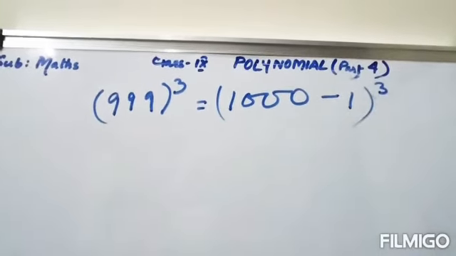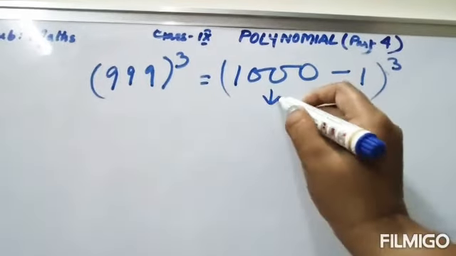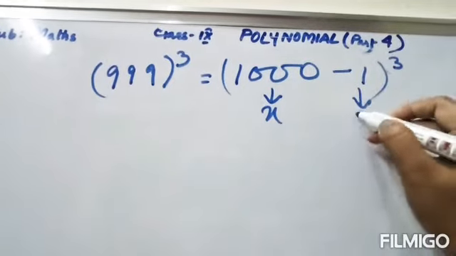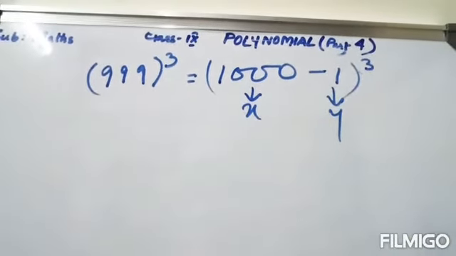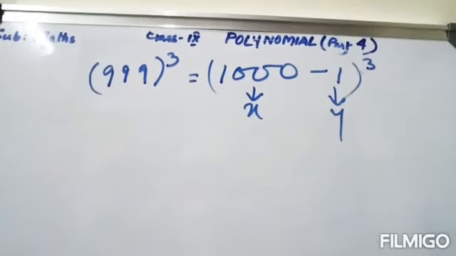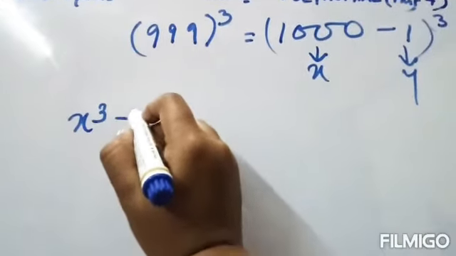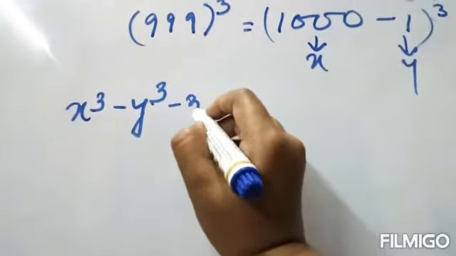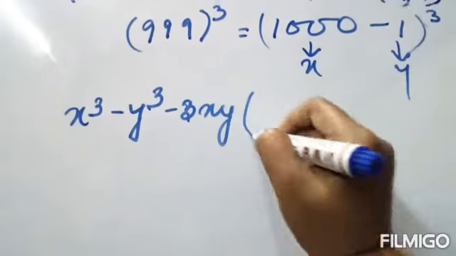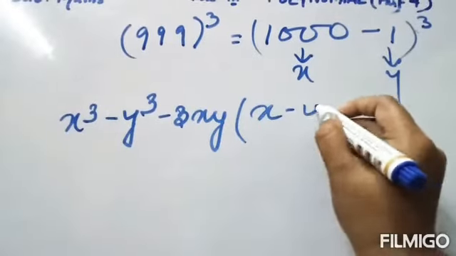Or we can say (1000 minus 1) whole cube means 999 cube. And you already know, if you consider this as x and this as y, the formula for (x minus y) whole cube: what is the formula? x cube minus y cube minus 3xy, (x minus y).